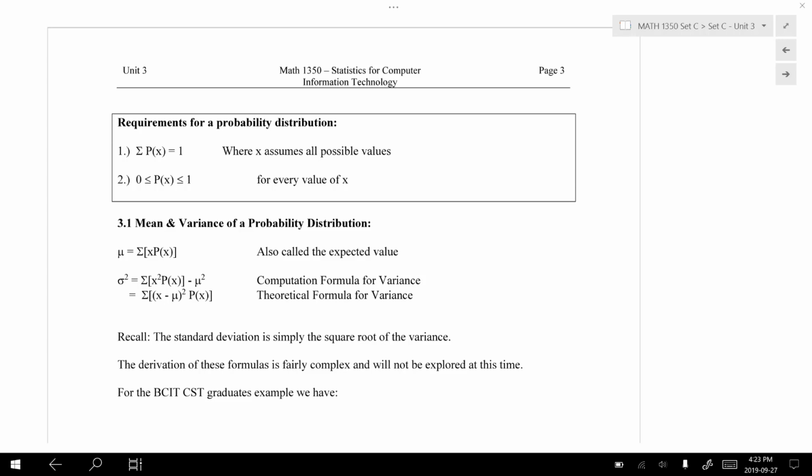There are a few requirements if we're thinking about probability distributions. First of all, we will need this first one here. This is saying that the sum of all possibilities is 1.